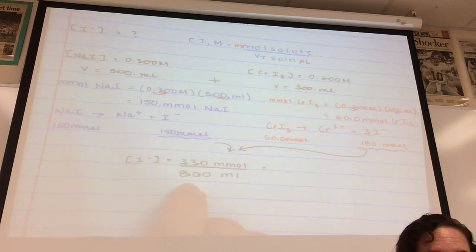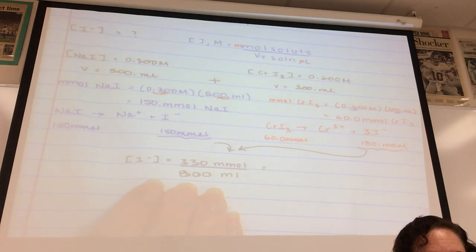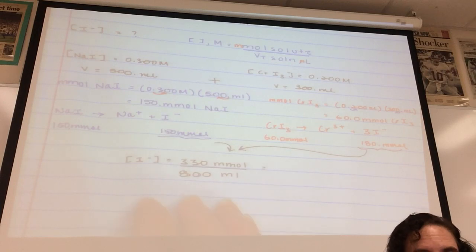Now, without a calculator, you might have trouble getting the exact answer, but your answers are not going to be that tight. For example, what's 200 over 800? 0.25. It's a quarter. 2/8 is a quarter. What's 400 over 800? A half or 0.5.